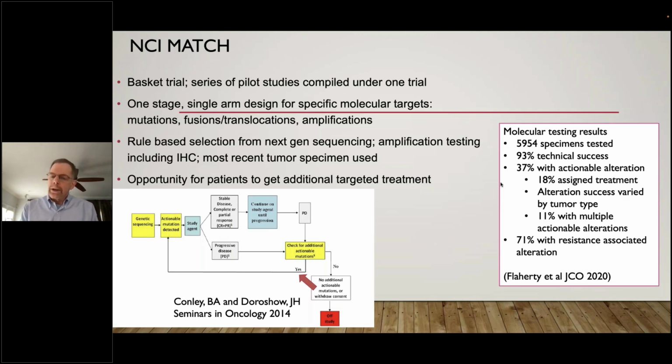And importantly, they did discover that over 70% had a resistance-associated alteration. So again, a small percentage of patients across a variety of cancers actually had a targetable opportunity, but very important to actually develop the logistics with that high degree of not only accrual, but technical success.